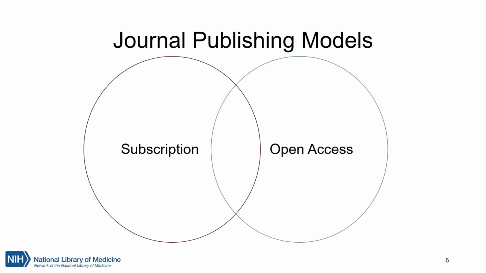Next, an open access model means that the complete contents of a journal are made available under a Creative Commons or similar open access license for no charge. And finally, a hybrid model is where the full contents of a journal requires subscription access, but individual articles may be made available under an open access license. All of these models come into play when we talk about PubMed.